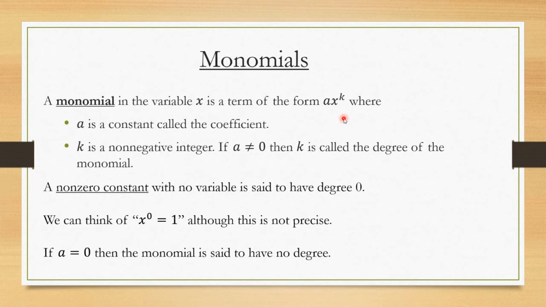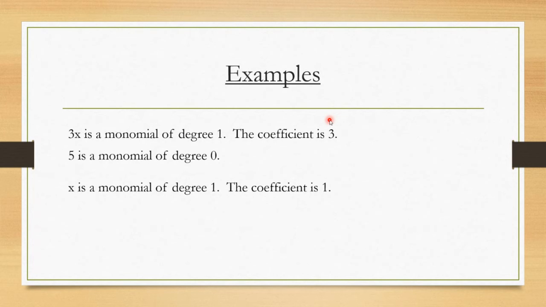All right. Good. I know that's a bit much. Let's do some examples. So for instance, 3 times x. Remember, if the exponent is 1, we don't write the exponent.